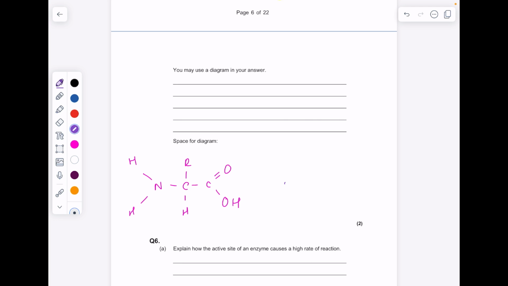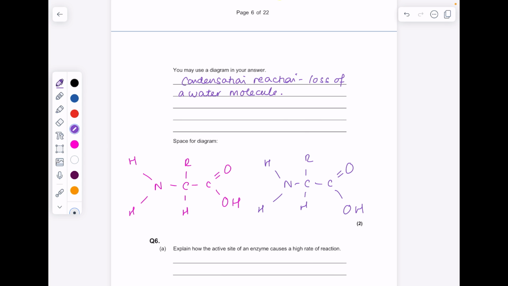I draw another amino acid next door. It's a condensation reaction, which means that there's a loss of a water molecule. So I'll show you how that occurs. We lose the OH of the carboxyl end, the H of the neighbouring amino acid's amine end, and then we stick together these ends.